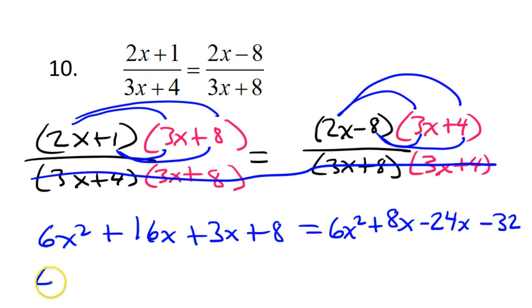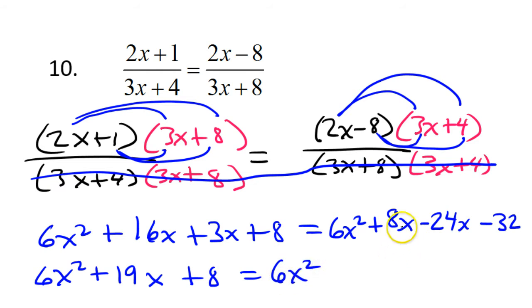Let's combine like terms, especially since we're running out of space. 16x plus 3x is 19x. And then I've got the plus 8. And over here I've got 6x squared. 8 minus 24 is going to be negative 16x. And I've got the minus 32.